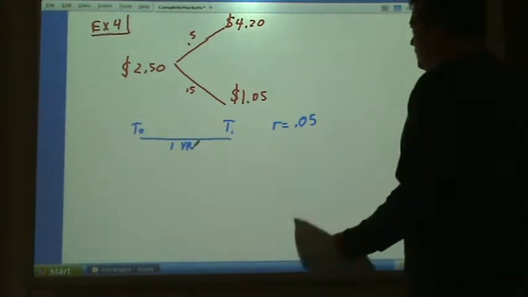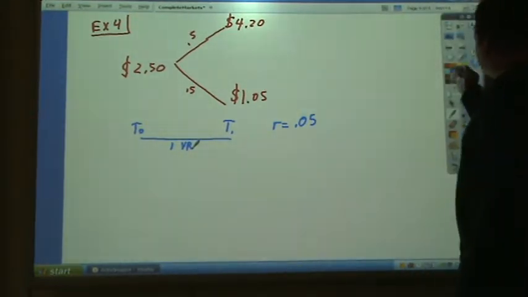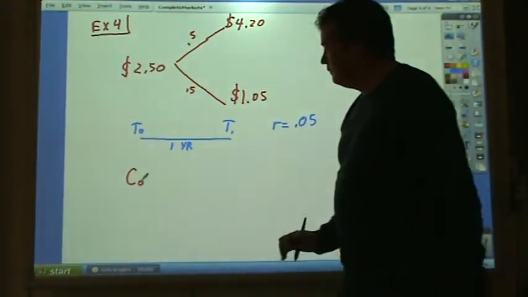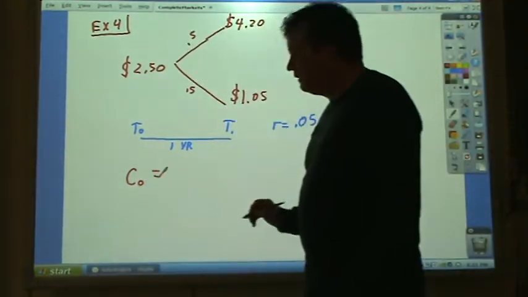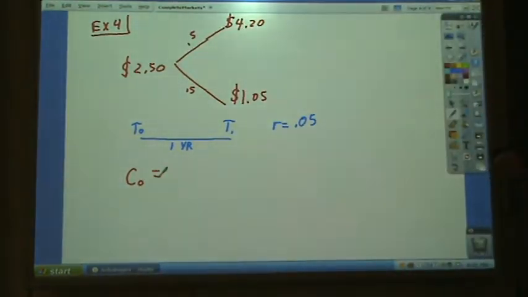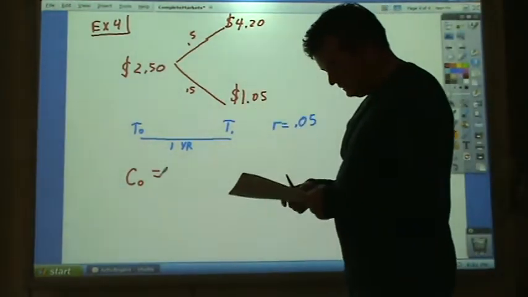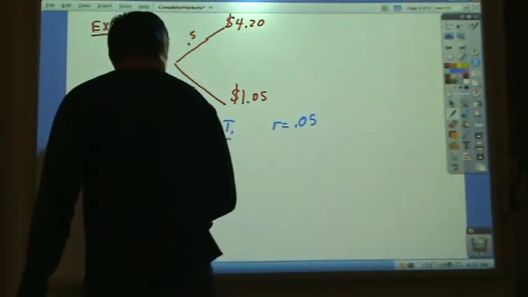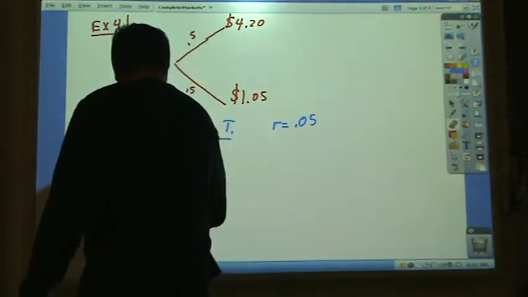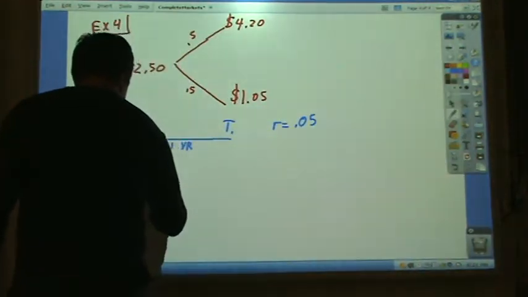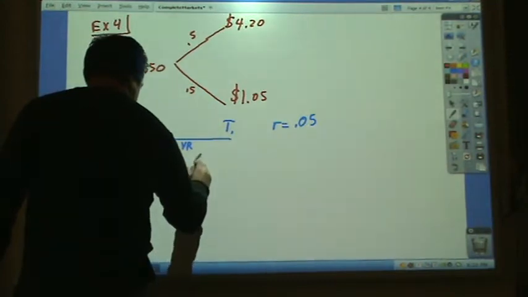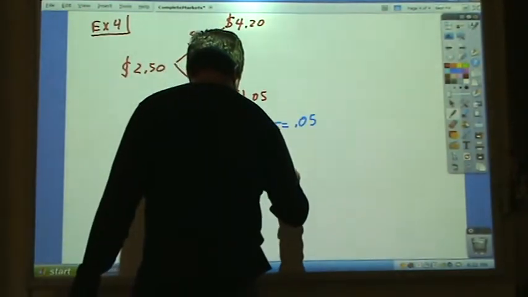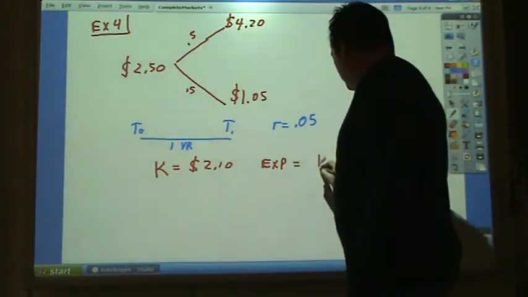What would be the price of a call option? What would a call at time 0 right now cost you? In other words, what would you pay right now to have a call option? Let's say we have a call option with a strike price of $2.10 and an expiration of 1 year.